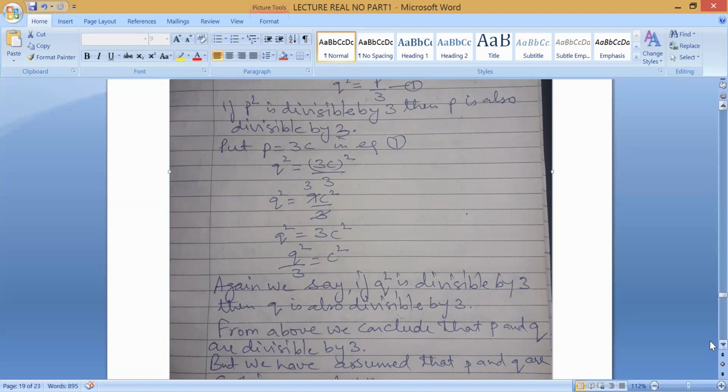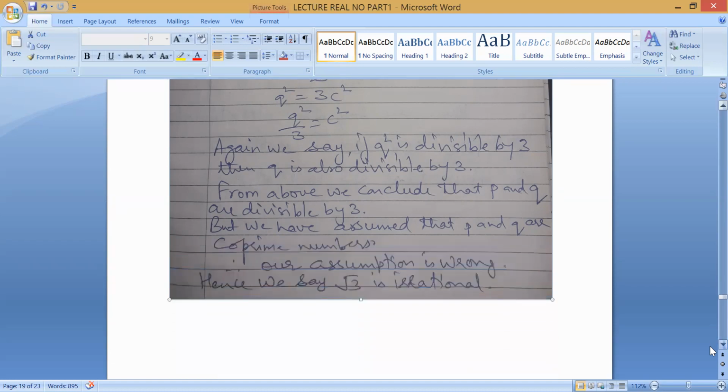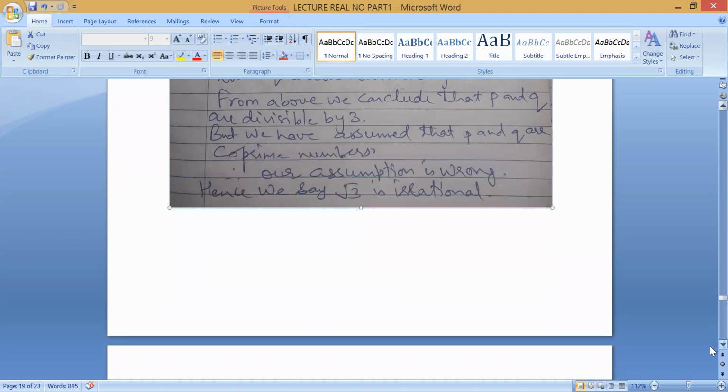So again, we say if Q square is divisible by 5, then Q is also divisible by 5. From above, we conclude that P and Q are divisible by 5, but we have assumed that P and Q are co-prime numbers. Therefore, our assumption is wrong. Hence, we say root 5 is irrational.